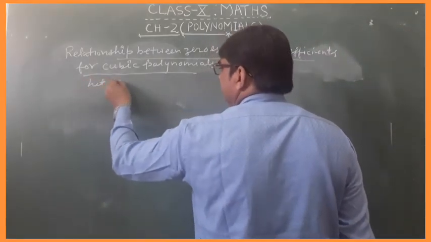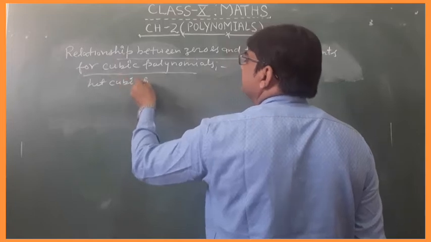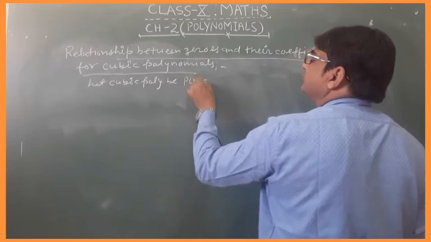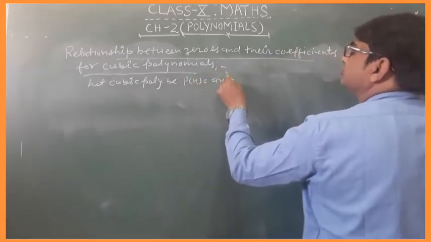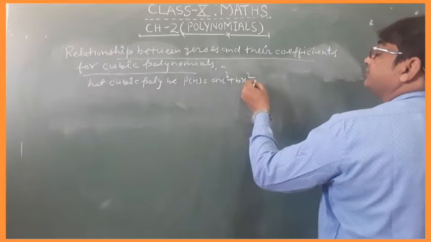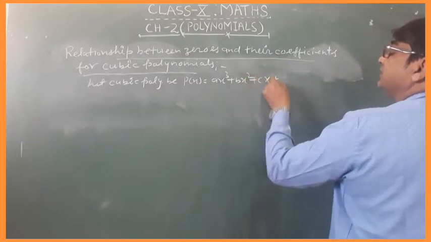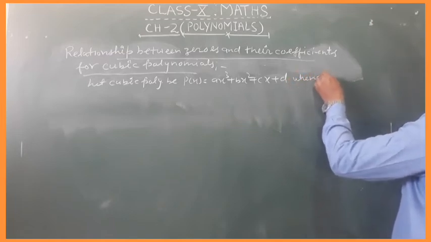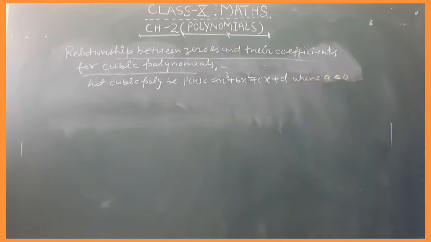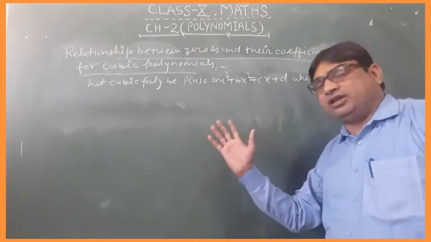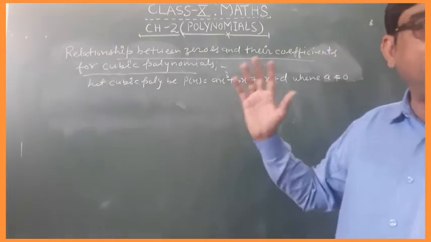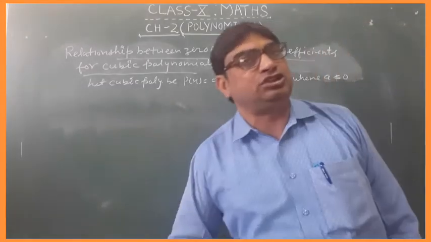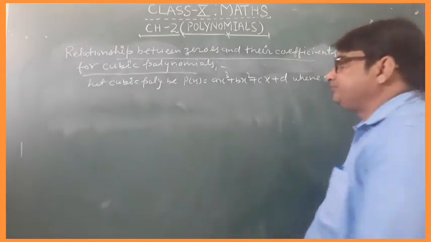Let the cubic polynomial be p(x) is equal to ax cube plus bx square plus cx plus d, where a is not equal to 0. Cubic polynomial means there are 3 zeros, and a zero is that value which, if we put in the polynomial, makes the polynomial zero.